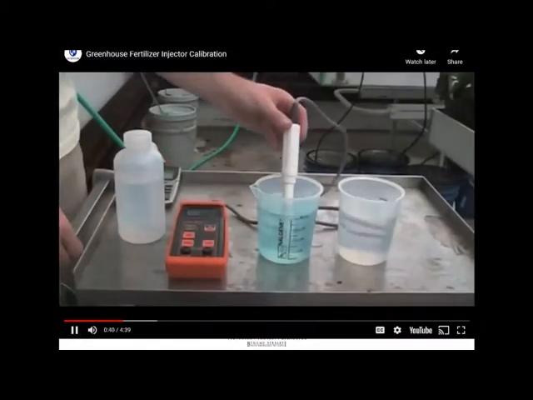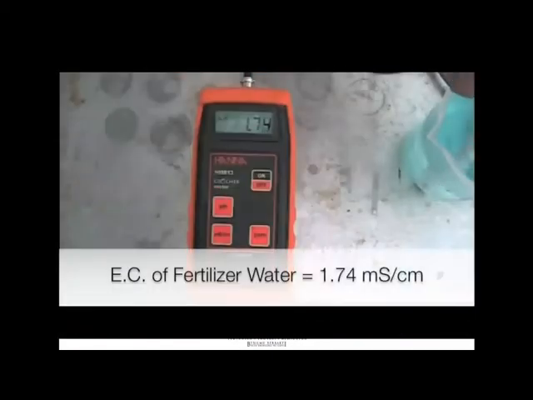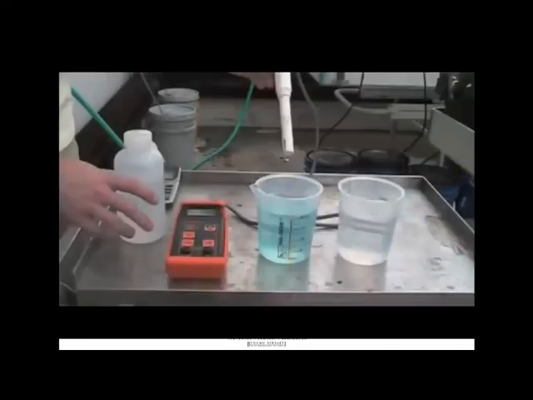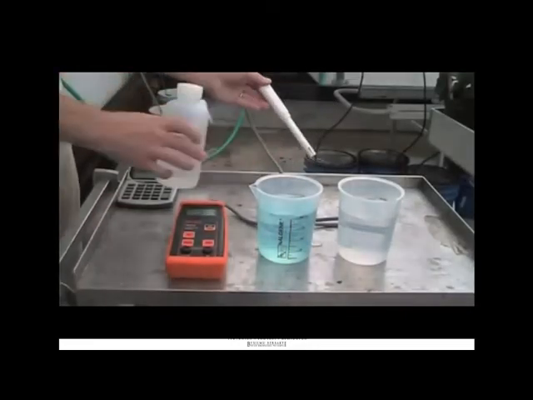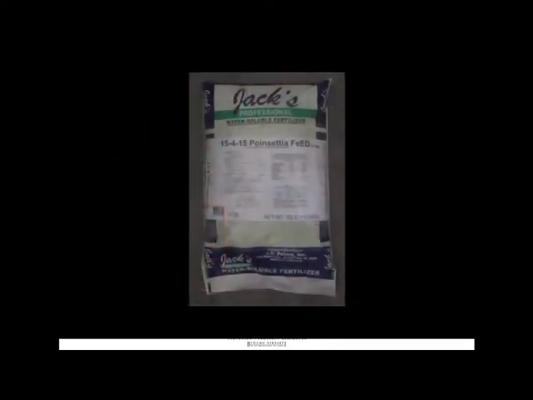Use your EC meter to check the EC of the full-strength fertilizer solution. In this case, it is 1.74 millisiemens per centimeter. Be sure to wash off the probe with distilled water. We now need to refer to the label of the fertilizer we are using. In this case, it is a 15-4-15.